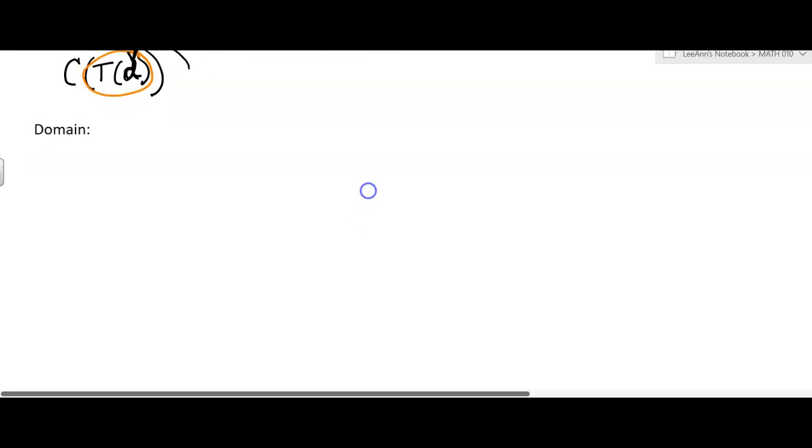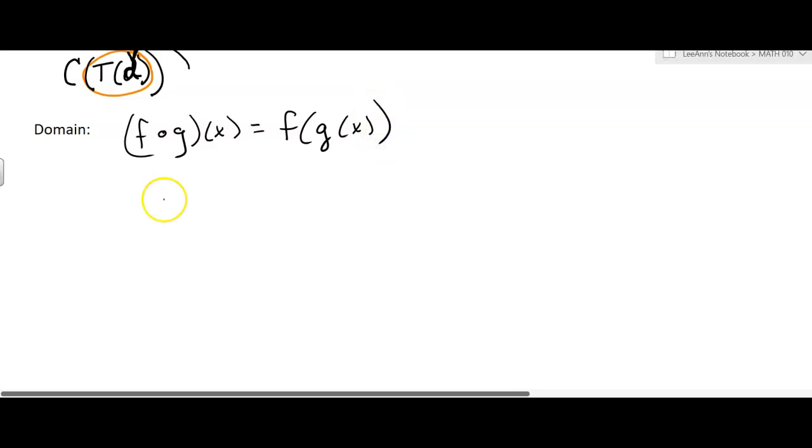Domain is kind of a thing. If I have f compose g of x, which is f of g of x, first you have to find the domain of g of x.